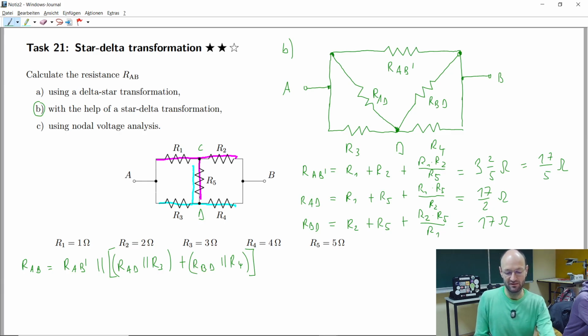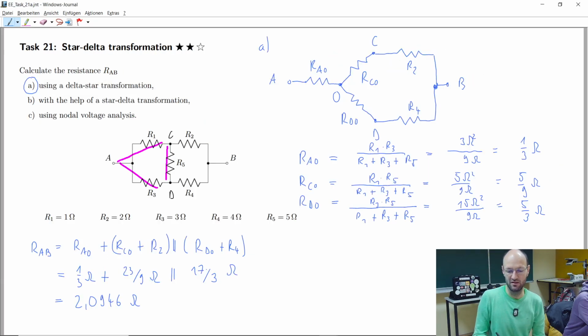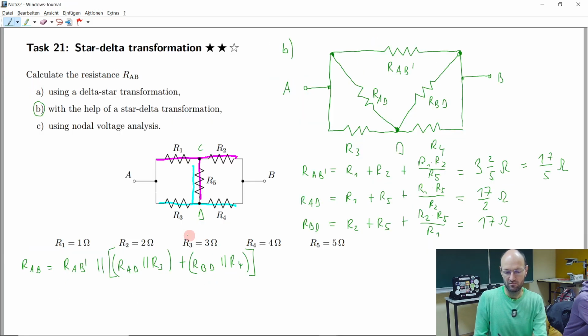And so now interestingly, if you compare this with what we did here, it's the same structure of the formula, just that each plus turns into a parallel connection and each parallel connection turns into a plus. And this also shows this kind of duality between these two circuits or between these two problems.